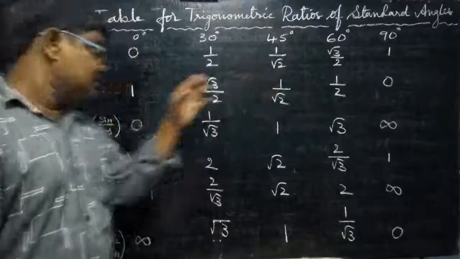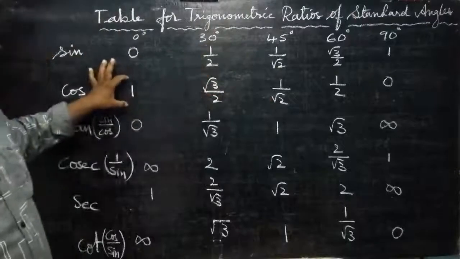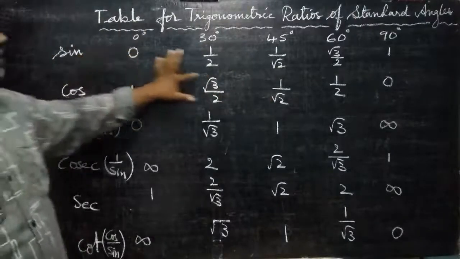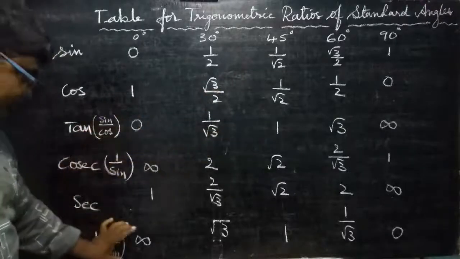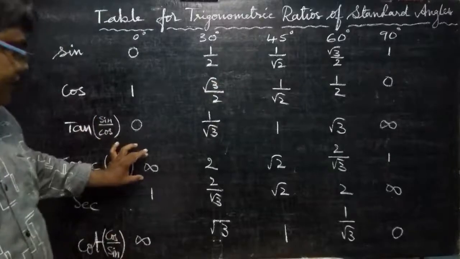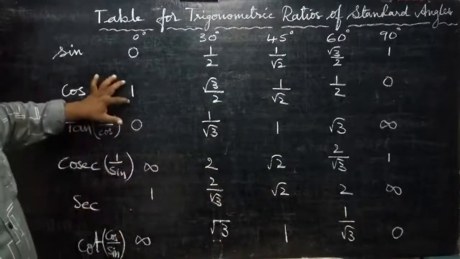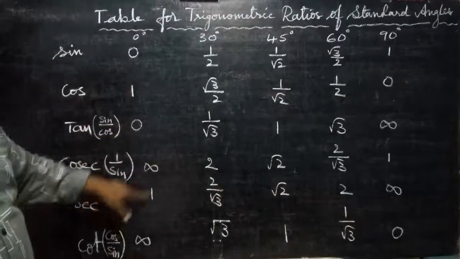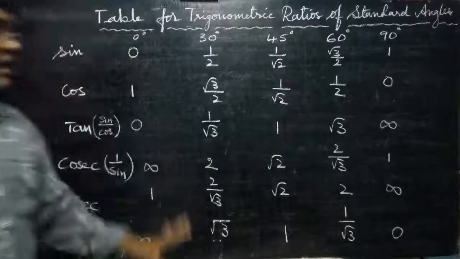Insert these three values and the first line reversed is cos. For tan, you have to divide sine by cos, and you will get the values. The reverse of tan is cot. The reciprocal of sine is cosecant. And again the reverse of cosecant is secant, or otherwise you can take the reciprocal of cos. The same comes. This is the way of learning this table.